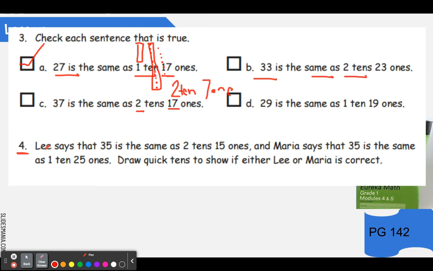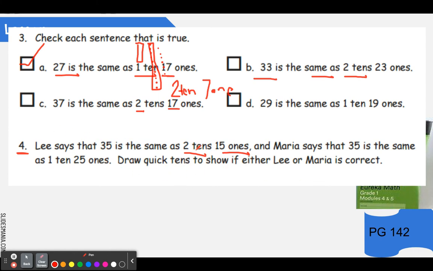Okay. So number 4, Lee says that 35 is the same as 2 tens and 15 ones. Maria says that 35 is the same number as 1 ten and 25 ones. Draw the quick tens to show if either Lee or Maria is correct. So boys and girls, who's correct?